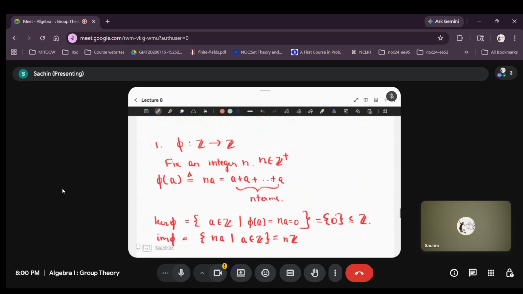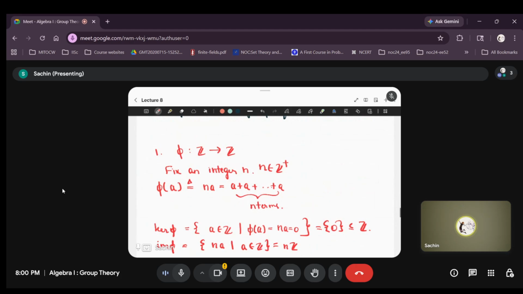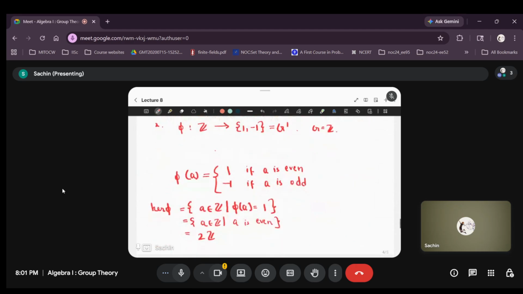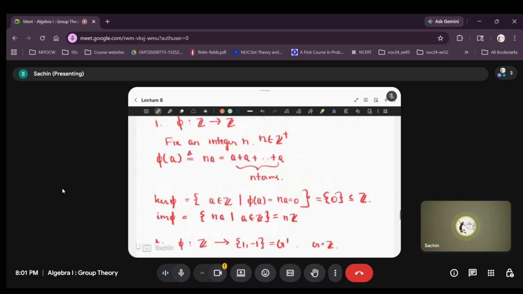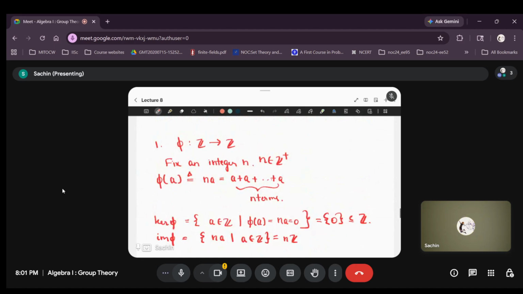Here, if n is not 1, then the image is a subset of G prime in the first example. G prime is the set of integers. If n is not 1, then the image is not Z. So it is possible that the image is not equal to the codomain group.